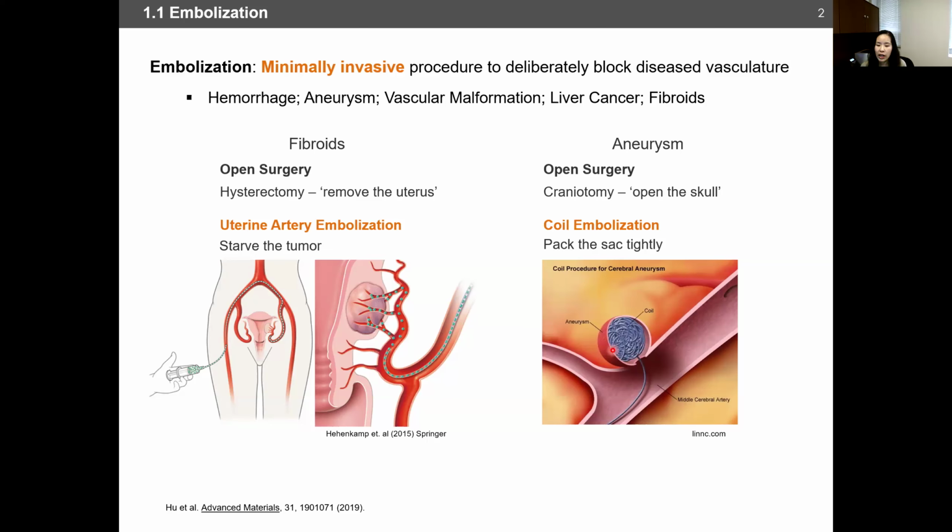Therefore, it will exclude this aneurysm away from the parent vessel, without the need for open surgery. So in short, embolization is offering much fewer complications with better outcomes and lower cost. That is becoming a mainstay of vascular intervention nowadays.